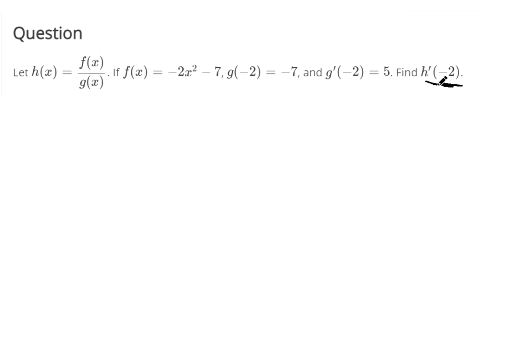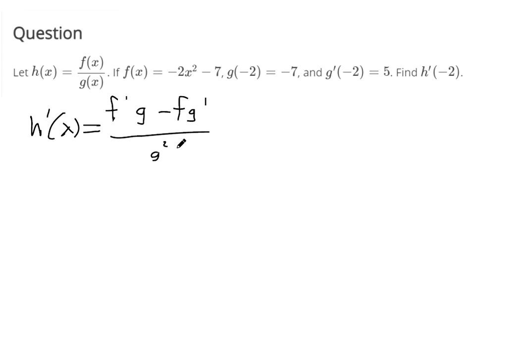Same thing for this one, they want h prime. They don't give us what g is though, so that'll make it interesting. Let's go through the formula. So it's f prime times g minus f g prime all over g squared. So we know what f is, and therefore we can find the derivative.